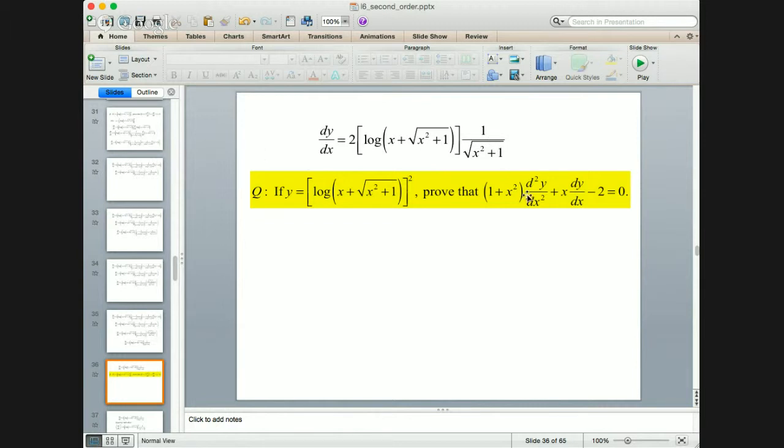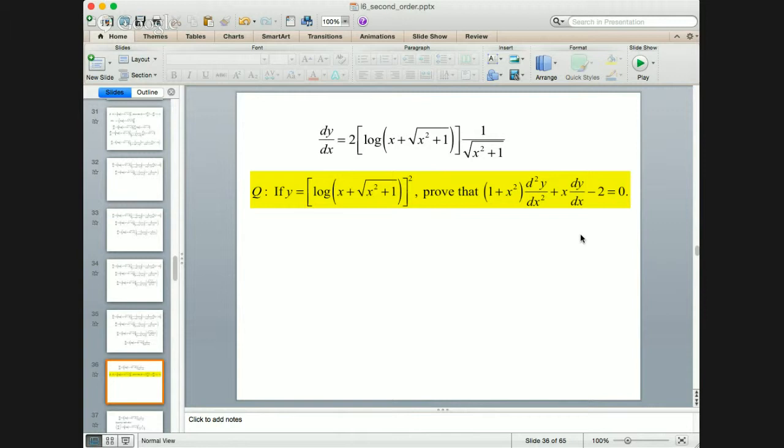So one way of going ahead would be to keep the function as it is and find the second order derivative, which would mean product rule, which will mean again the derivative of log of x plus root of x square plus 1 to be found out, etc. And then you substitute what you have for the second and the first derivative and check that everything balances out and works out to be 0.